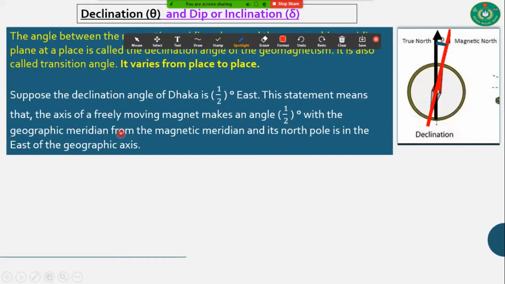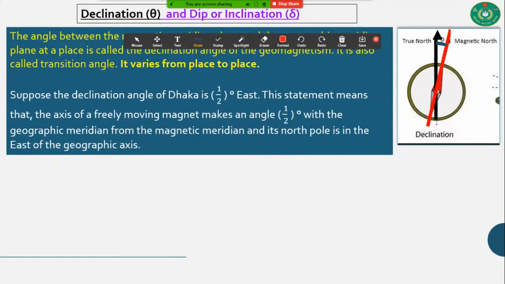With this half degree angle from the geographic meridian to the magnetic meridian, its north pole is in the east of the geographic axis.